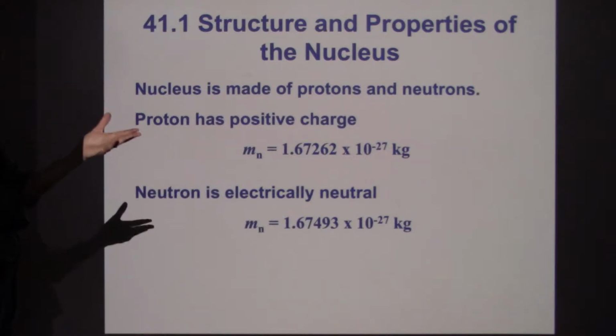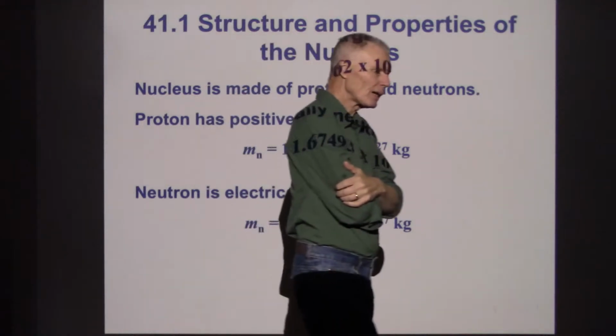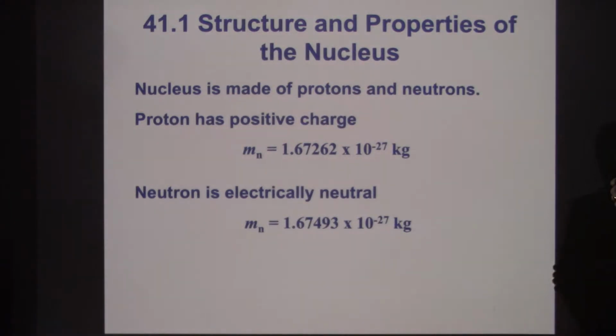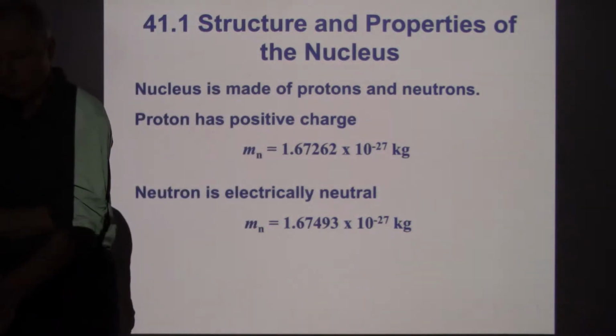But we've got protons and neutrons that, in some sense, are the same particle. We'll see that in more detail in a couple chapters when we look at elementary particle physics. But protons and neutrons in some sense are the same particle, and the proton is the charged version and the neutron is the neutral version. And you can see that the masses are just really similar.